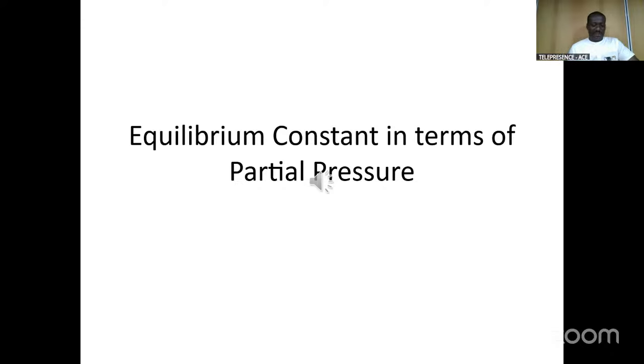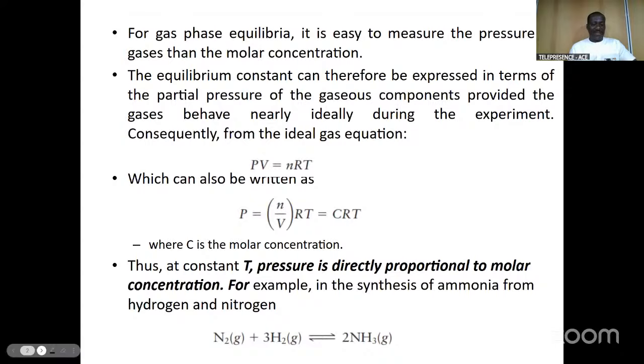Because if we assume that the gases are ideal gases, obeying the ideal gas equation, you can see here that PV is equal to nRT, all right? So we can write that P is equal to n over V times RT.